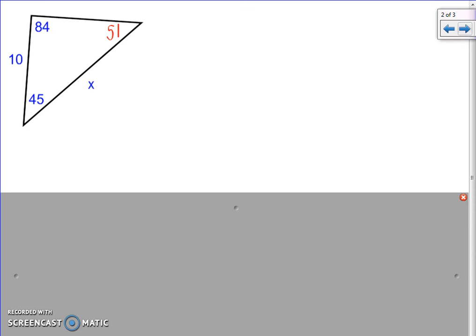So now we have a number across from a number, so that's always where we start. So we've got sine 51 over 10. Now we're looking for x, so we're going to use what angle? 84. Yes, we'll use the 84 because that's across from it, and then we've got x. Okay, so let's cross multiply again. Let's make sure we're comfortable with this process.